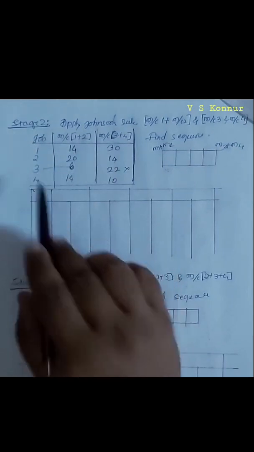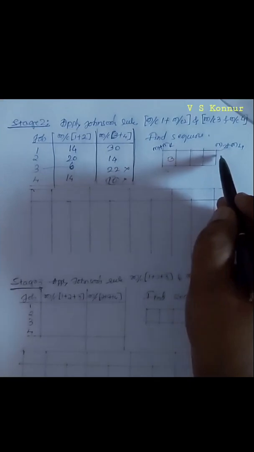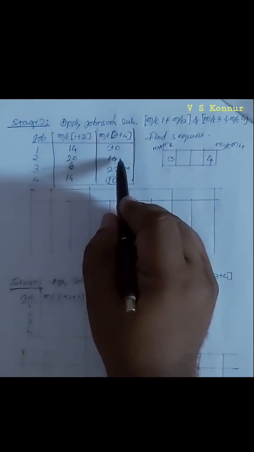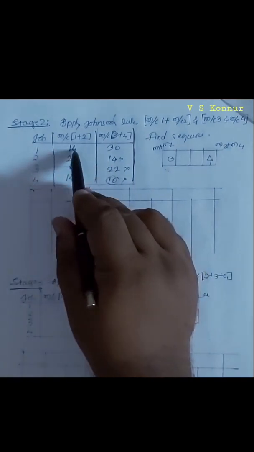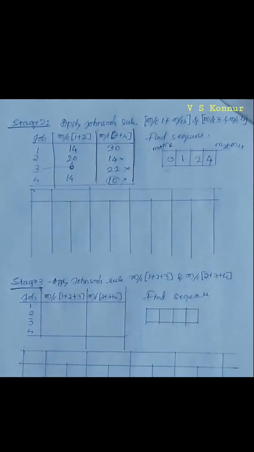At M1 plus M2, the third job is there. Next least is 10, which is at M3 plus M4, so the fourth job. Next least is 14 on either side, so you can take 14 first here and second here. 3, 1, 2, 4 is the sequence.